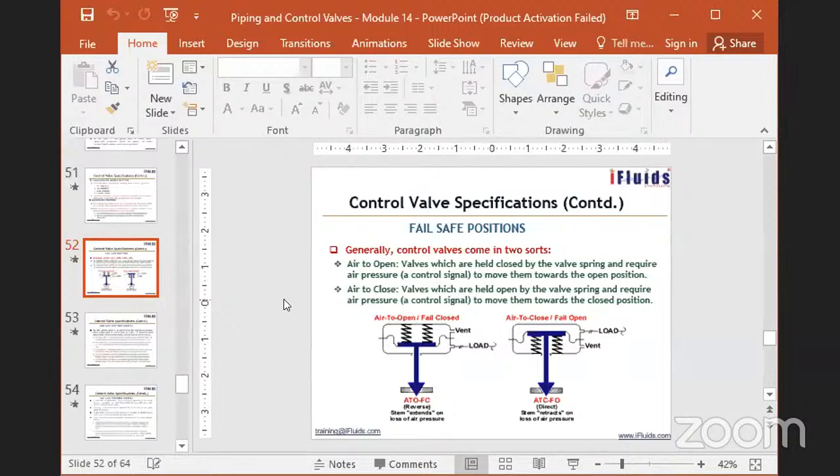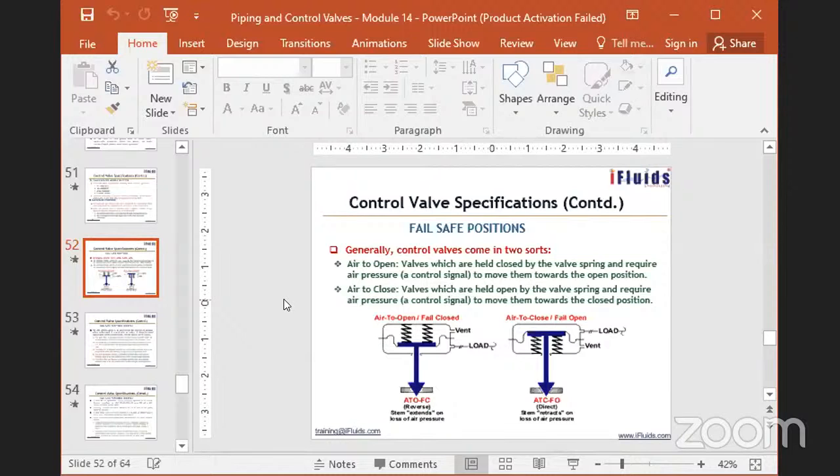Instrumentation handbooks, if you have, maybe you can go through, because I don't have any reference as such. Perry's handbook, you see whether there is any chapter on control valves. I have a very old 6th edition, I have to see. Perry's handbook also can give you some guidelines.